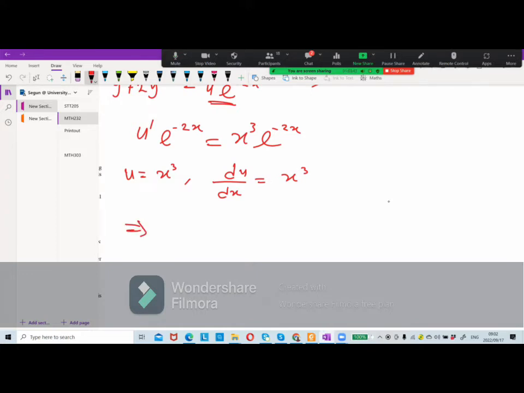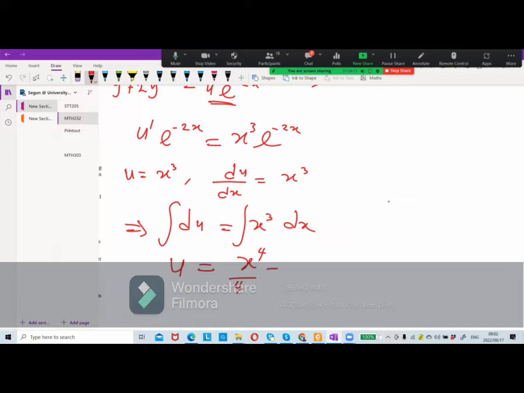So we now have du equals x raised to power 3 dx. Now integrate both sides. When you integrate du, you have u equals, when you integrate this one, you have x raised to power 4 divided by 4 plus c, the arbitrary constant.